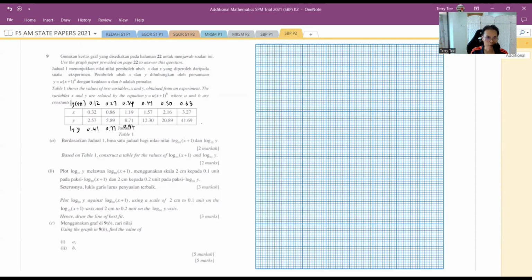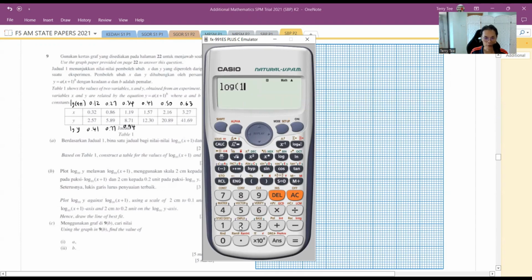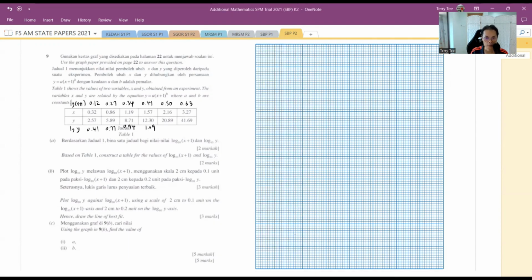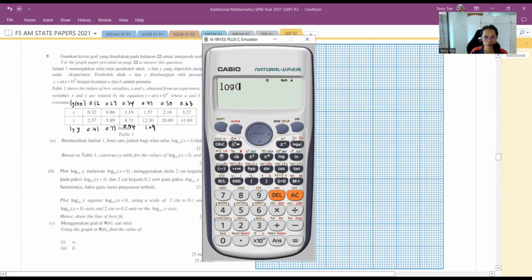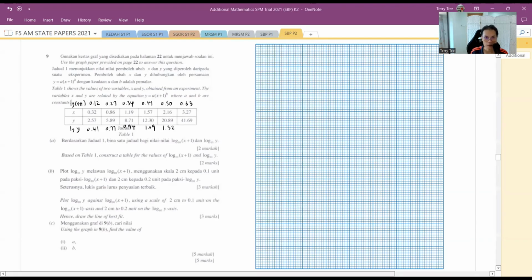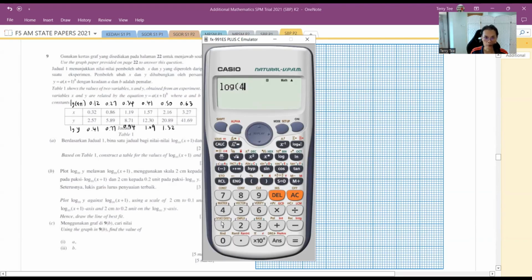Next one, log 12.3, 1.09. Next one, log 20.89, 1.32. Lastly, log 41.69, I got 1.62 as well.